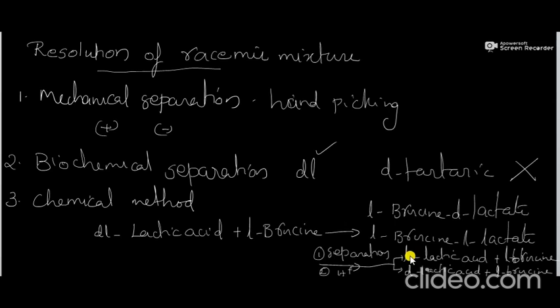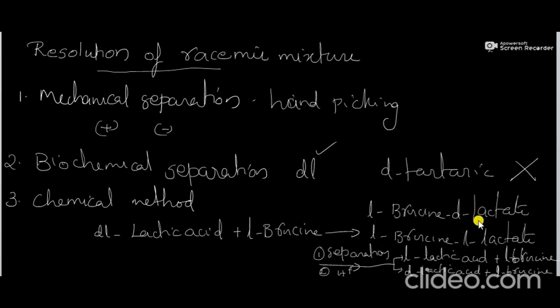For example, racemic lactic acid, that is DL-lactic acid, when treated with a base, L-brucine, gives a mixture of diastereomeric salts, that is L-brucine D-lactate and L-brucine L-lactate.